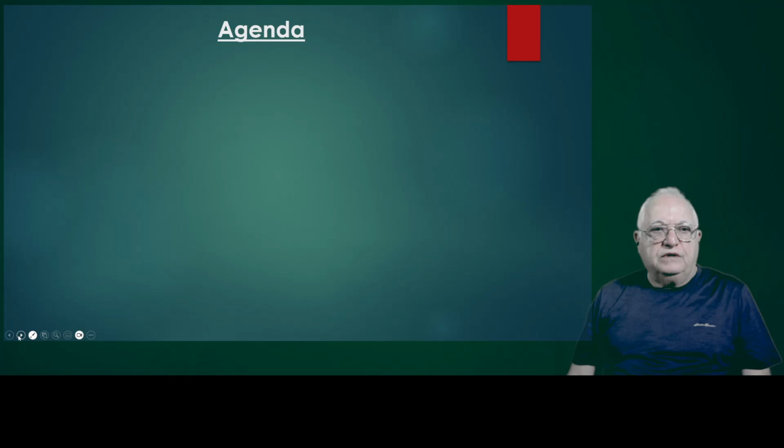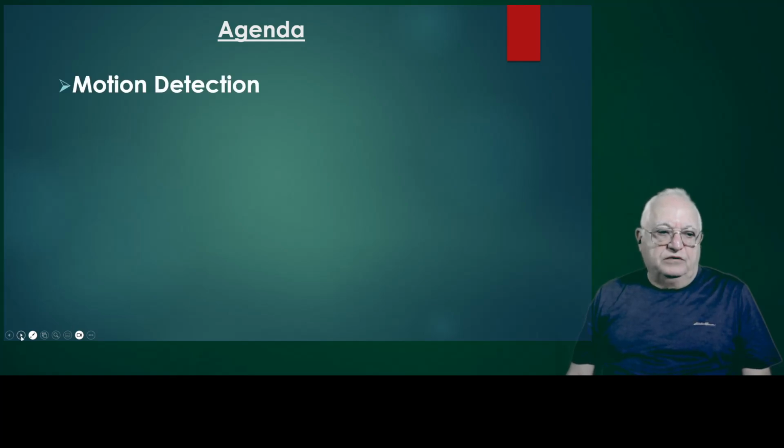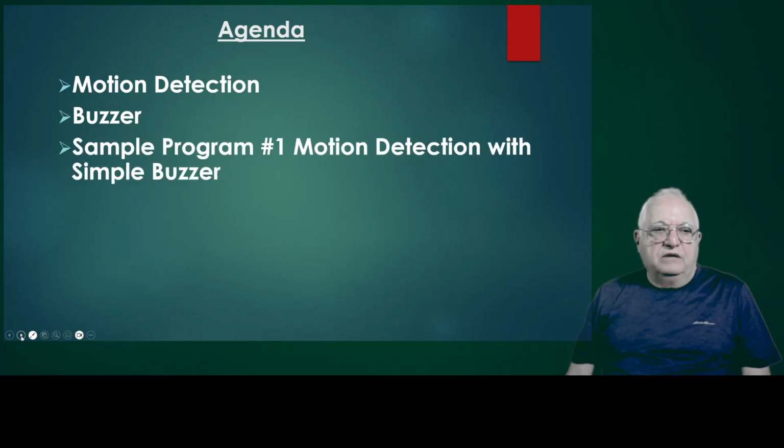So agenda for today. First I'm going to talk about the motion detection, then I'll address the buzzer, and we'll have three sample programs. The first sample program, we're going to use the motion detection with a very simple buzzer.